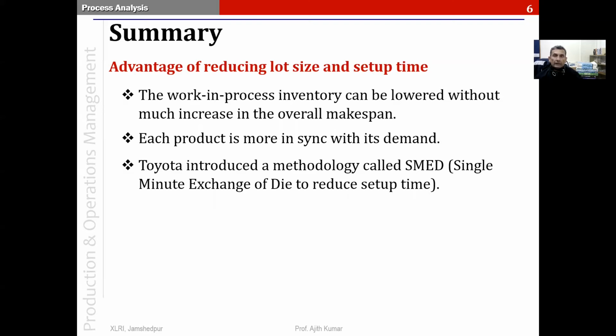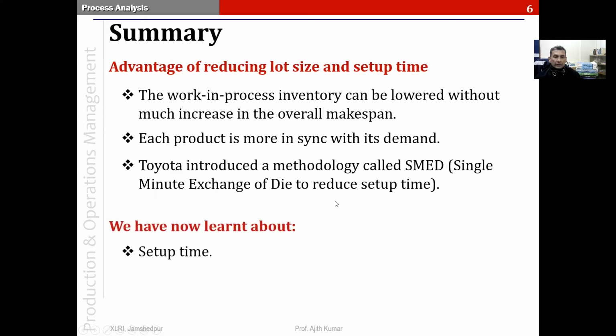And that would make sense only if the setup time is reduced. And this led to a very interesting methodology, which ended up reducing the setup times from a few hours to less than a few minutes. So something less than 10 minutes. So this is now practiced by several other companies as well. It's gaining popularity as a method that others also can apply and benefit from.